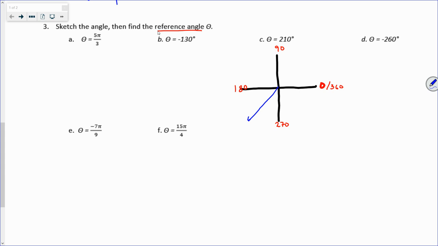What we want to do, wherever it's at once we draw this, is go from here straight perpendicular back to the x-axis. So now our reference triangle is here, and our reference angle is touching the x-axis and touching the origin. So it's there.